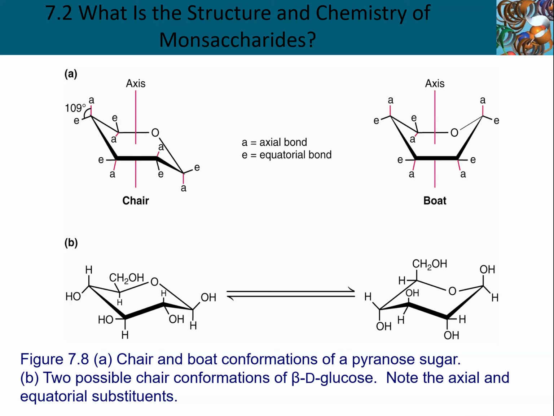So in this case, what we're looking at in this picture, 7.2b, are the two possible chair conformations for beta-D-glucose. Notice that beta-D-glucose has, on the left side of this equilibrium sign, all of the hydroxyl groups and the 6th carbon and its hydroxyl group in equatorial positions.